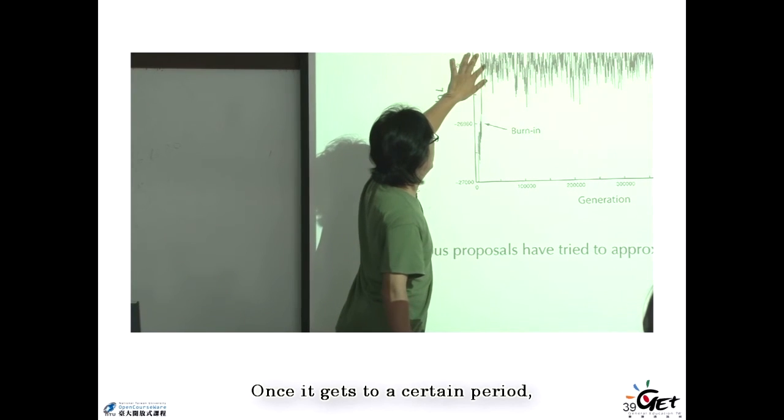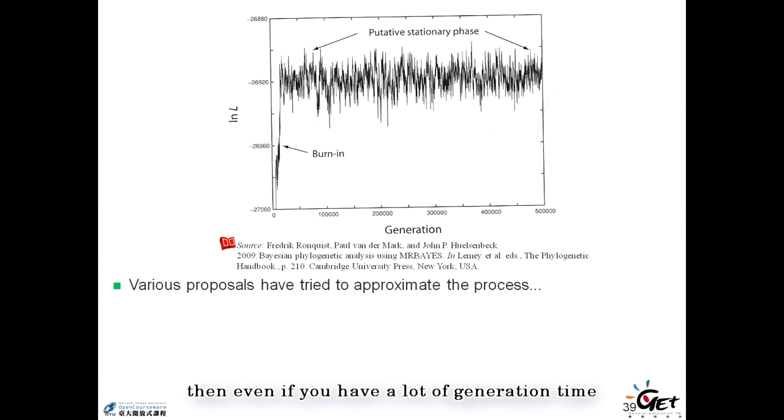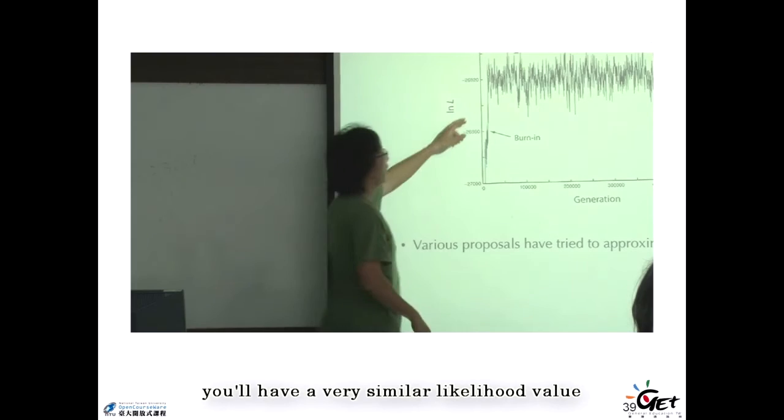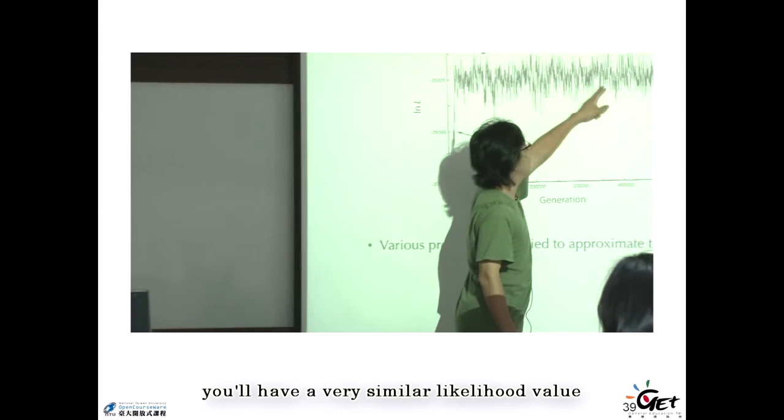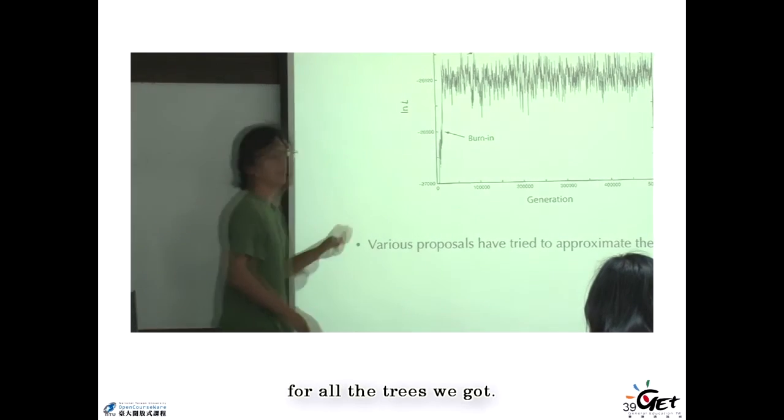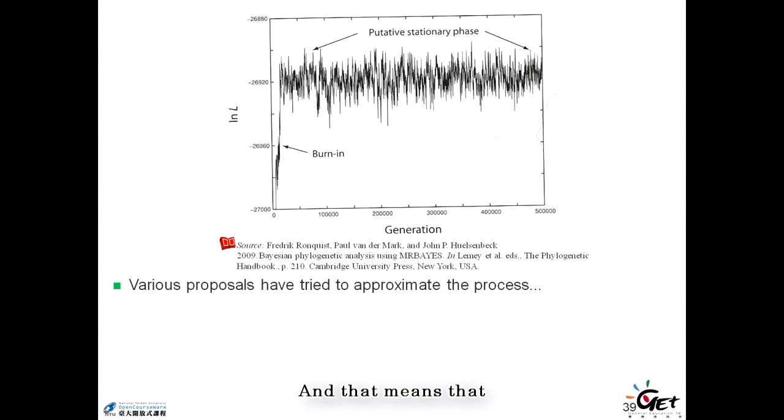Once it reaches a certain point, even if you have a lot of generations and switch back and forth between the cold and hot chains, you'll have a very similar likelihood value for all the trees we got. And that means that all the trees can fit our data matrix. So that's the population we got for the tree distribution that can fit the data matrix.